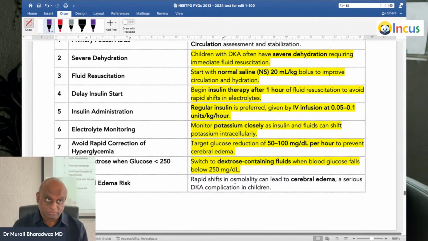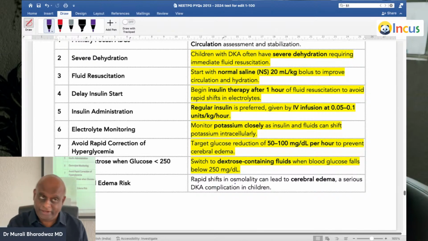Yesterday I told you: what is the effect of diabetic ketoacidosis on total body potassium? High or low? Even though total body potassium is low, serum potassium will remain normal. Why?